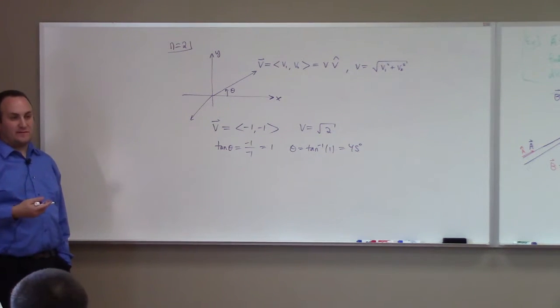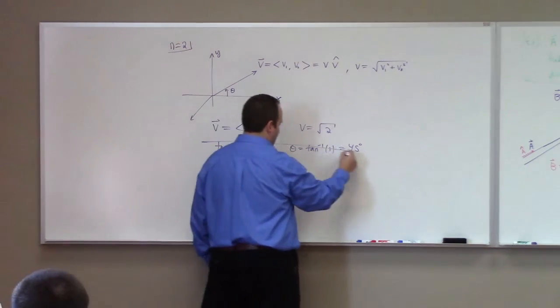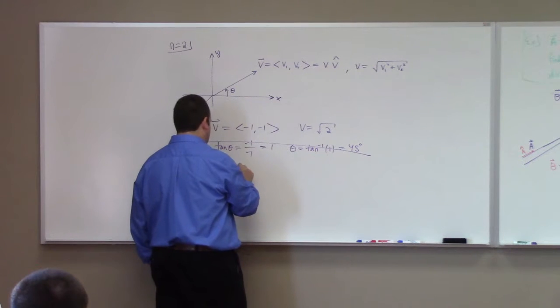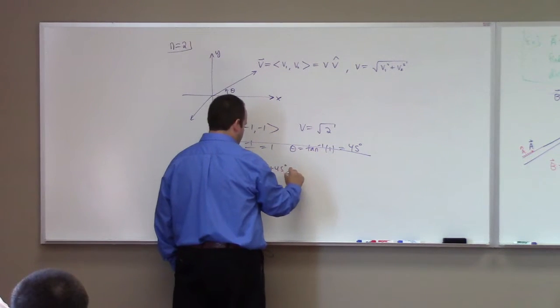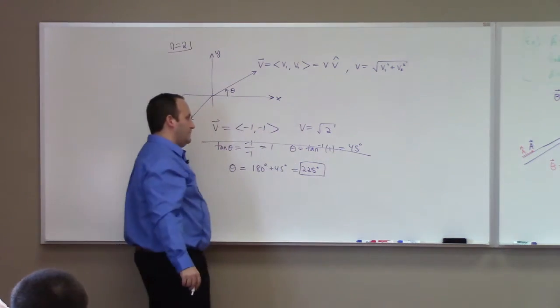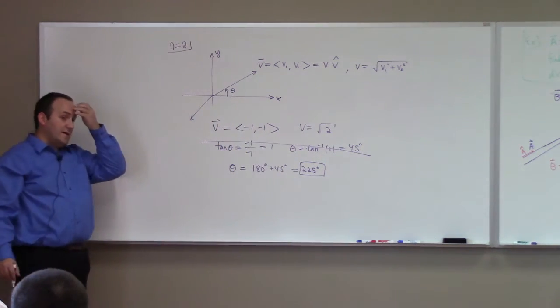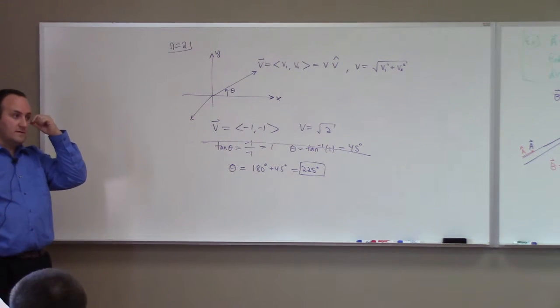It's that plus 180. In fact, theta is equal to 180 degrees plus 45 degrees, so 225. So that's another way I could describe the direction of a 2-dimensional vector. I could use a magnitude and a standard angle.